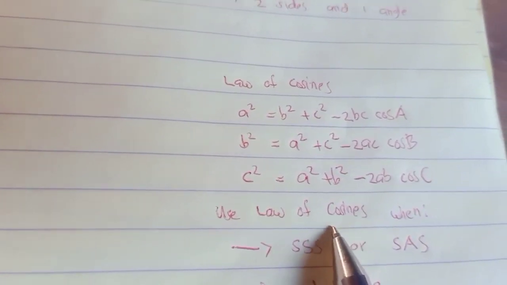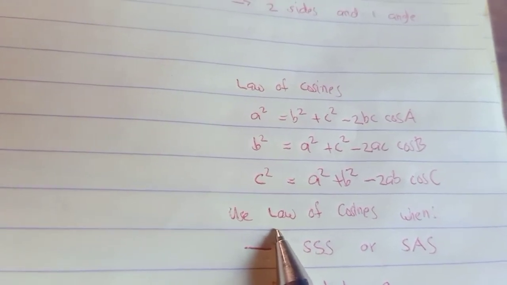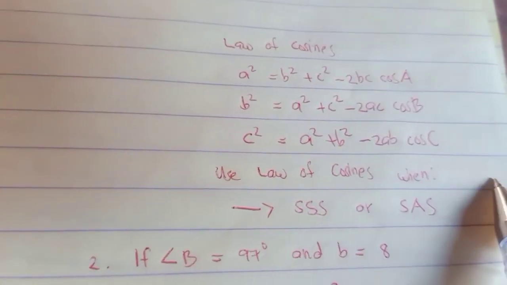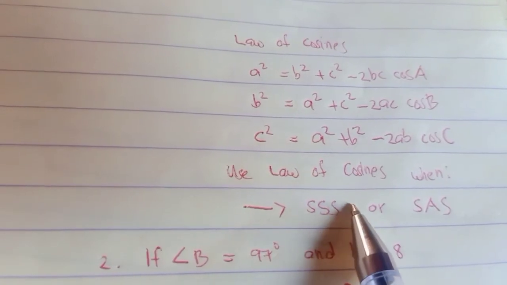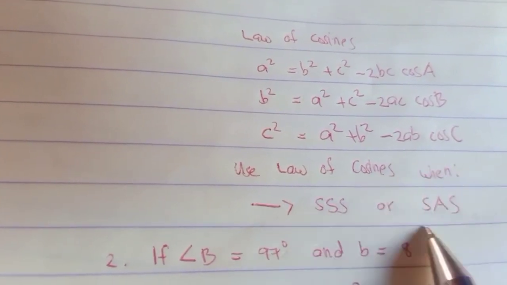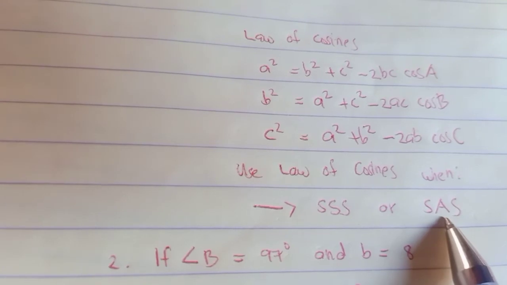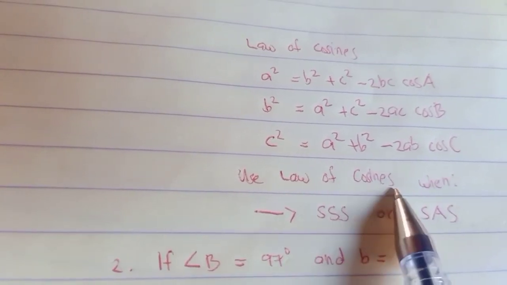You can use the law of cosines when you are given the three sides, or two sides and an angle which is in the middle of these two sides.